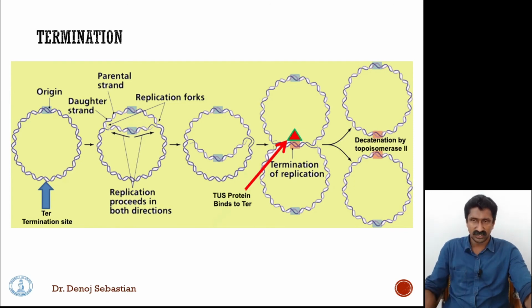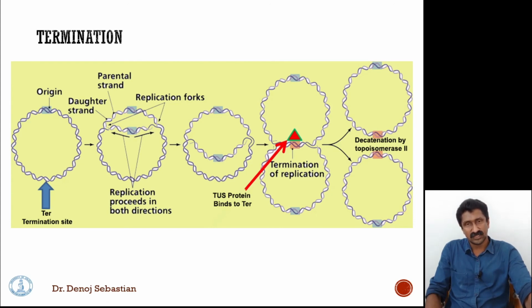There will be a termination site, or Ter site, and at the Ter site there will be a TUS protein binding to the termination site. The DNA polymerase enzyme cannot move forward or pass through this termination site which is bound with the TUS protein. So at that point it will stop the polymerization.